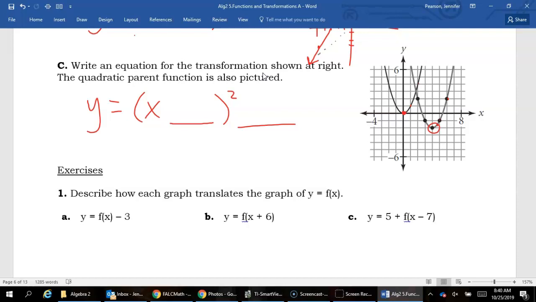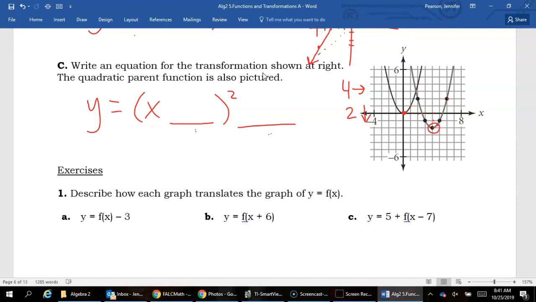So if I have my original vertex at the origin, it moves here. That is 1, 2, 3, 4 units to the right. I'm going to write 4 right just to help me remember that. And then it also moved 2 units down.